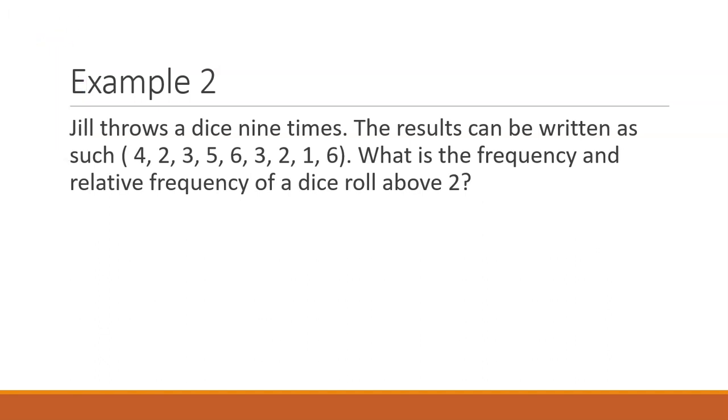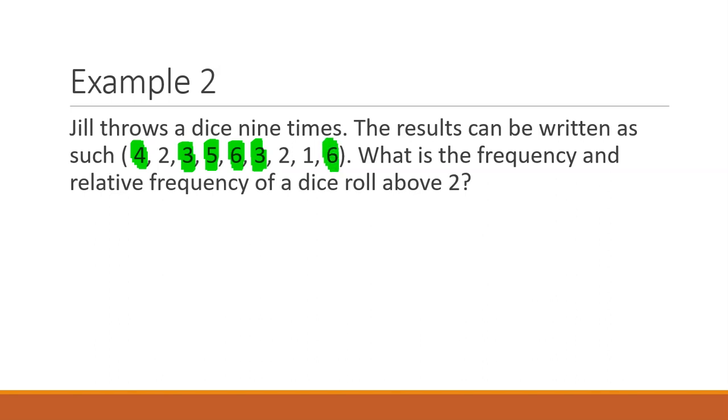So in green, I'll highlight 4, as 4 is greater than 2. I'll leave 2 because 2 is not greater than 2. 3 is greater than 2. 5, 6, 3, not 2, not 1, but 6.